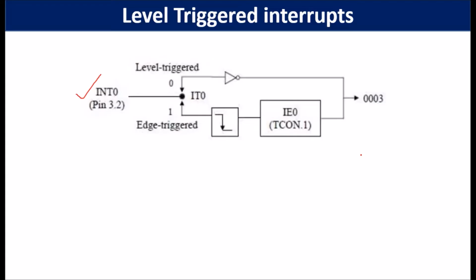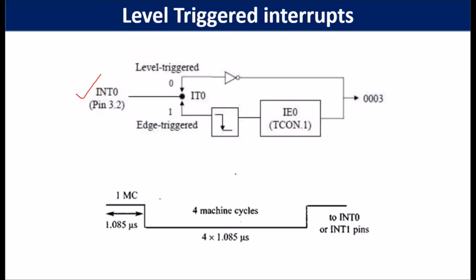We have to maintain a logic 0 for a particular time period to use the level triggered interrupt concept. This logic 0 should be given to INT0 or INT1, the same for the INT1 pin. It should be connected to this external hardware pin for at least 4 machine cycles. So the minimum duration is 4 machine cycles.